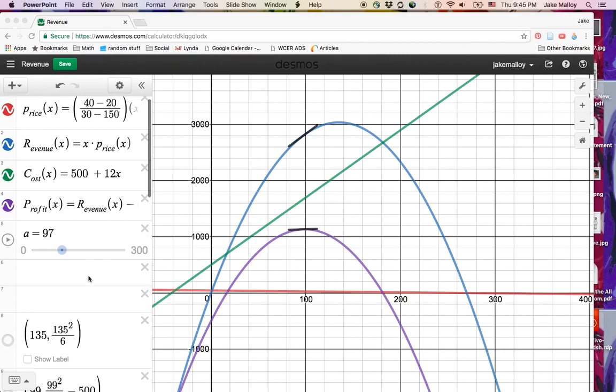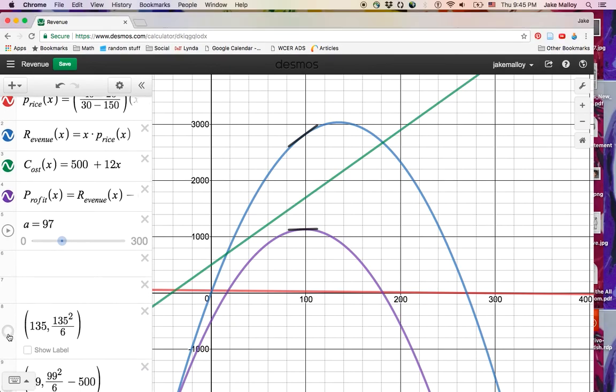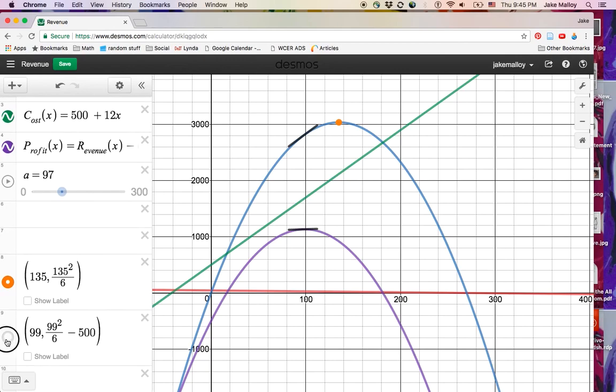And we can see that here with these values that we saw before. 135, that was where my revenue was maximized, and 99 for my profit.